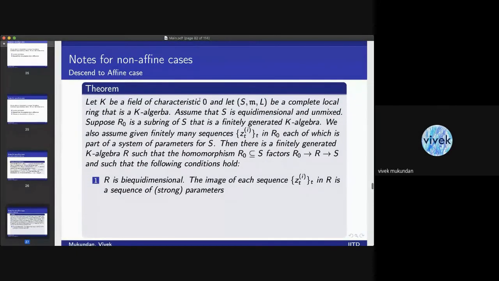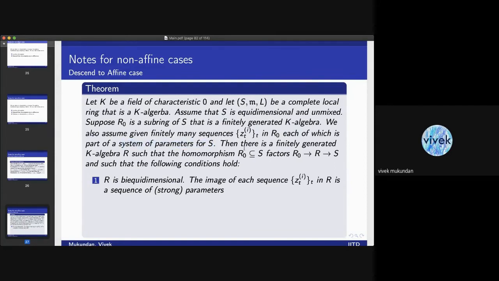If you have a field K of characteristic 0 and you're given a complete local ring S that is also a K-algebra, assume that S is equidimensional and unmixed, and suppose your R0 is a subring that is a finitely generated K-algebra. And we are also assuming that we are given a finite set of finite sequences in R0 such that each of them can be extended to a system of parameters of S.